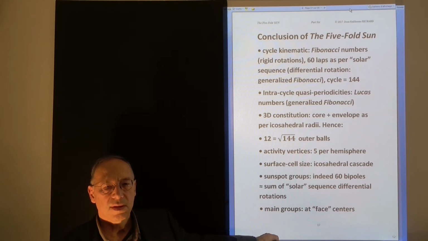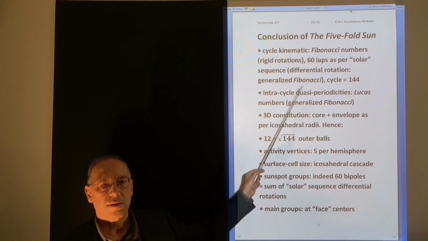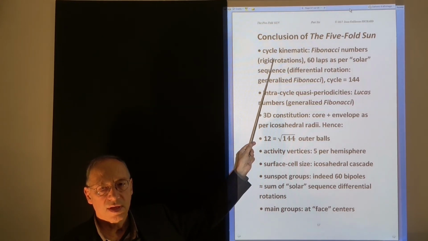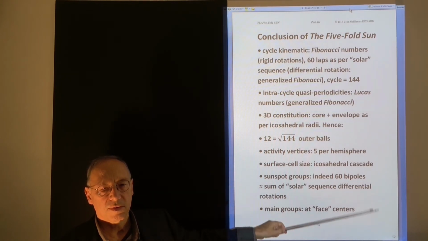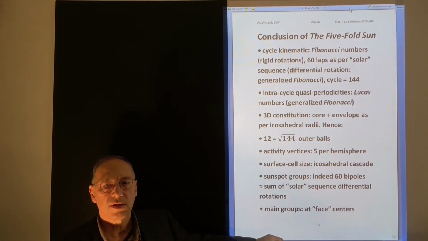This is time now, ladies and gentlemen, to propose a few words of conclusion on the Fivefold Sun project as a whole. We reviewed the cycle kinematics and found Fibonacci numbers for rigid rotations.